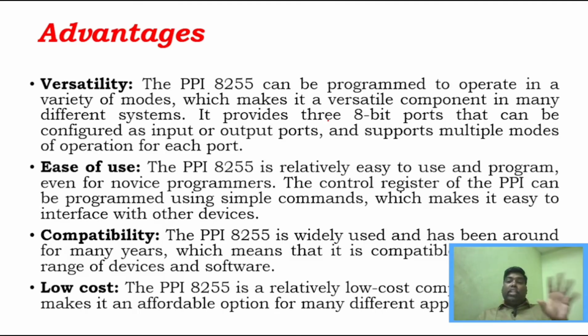It is relatively easy to program, as the control register of the PPI can be configured using simple commands. It is very compatible, the most predominantly used interfacing IC, compatible with basic processors, and it is of low cost. It is used in many applications.